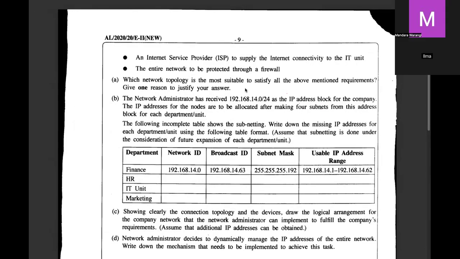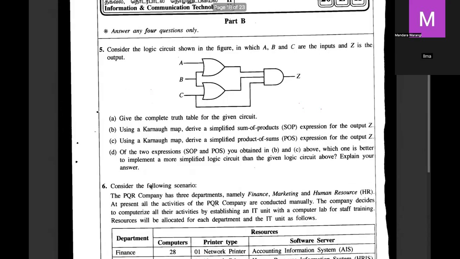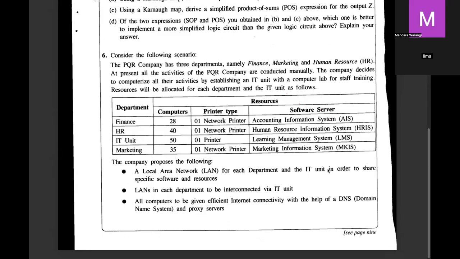Which network topology is the most suitable to satisfy all the mentioned requirements? The company proposed a local area network for each department and IT unit in order to share specific software or resources. A LAN in each department is to be interconnected.